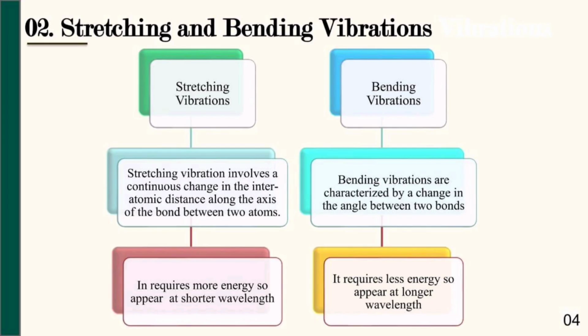Stretching and bending vibrations: stretching vibrations involve a continuous change in the interatomic distance along the axis of the bond between two atoms. It requires more energy and appears at shorter wavelength, while bending vibrations are characterized by a change in the angle between two bonds. It requires less energy and appears at longer wavelength.